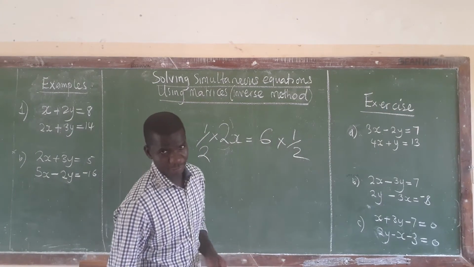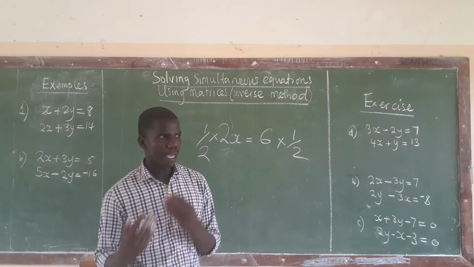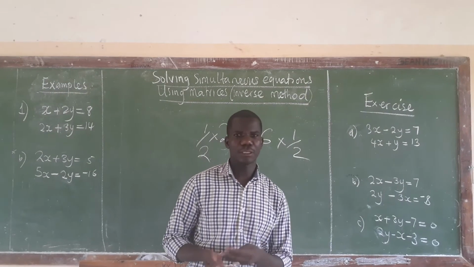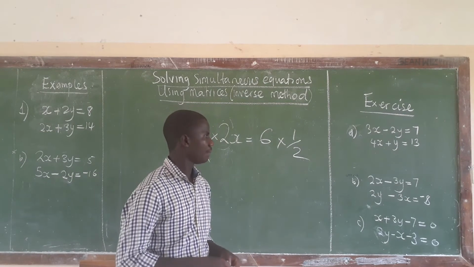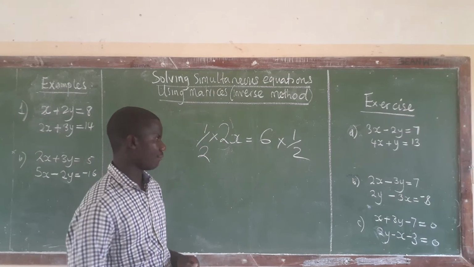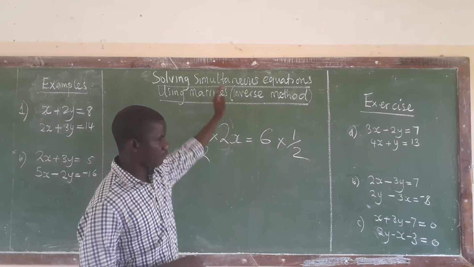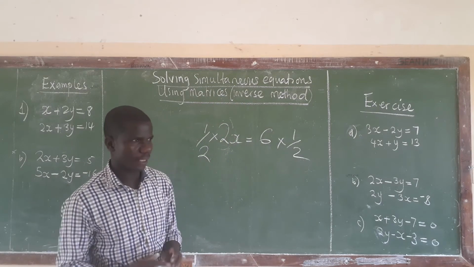That's the multiplicative inverse. But in most cases we say you divide both sides. In the actual sense, we multiply both sides by the multiplicative inverse of the coefficient of the variable that we are looking for. That same idea is going to apply to us here.